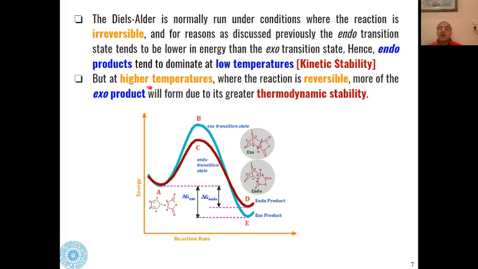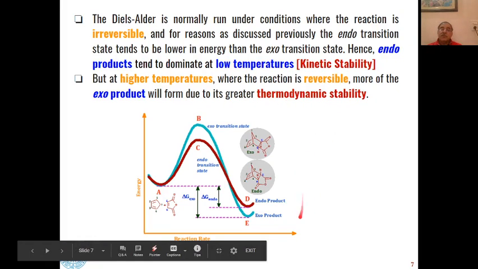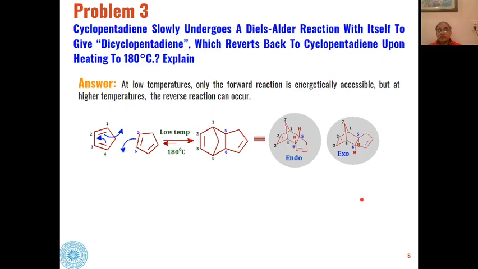Similarly at high temperature, as I have told you, the reaction is reversible in nature and more of the exo product will form due to thermodynamic stability. So this is how we can differentiate how kinetic stability and thermodynamic stability lead to the formation of endo or exo products in the Diels-Alder reaction.